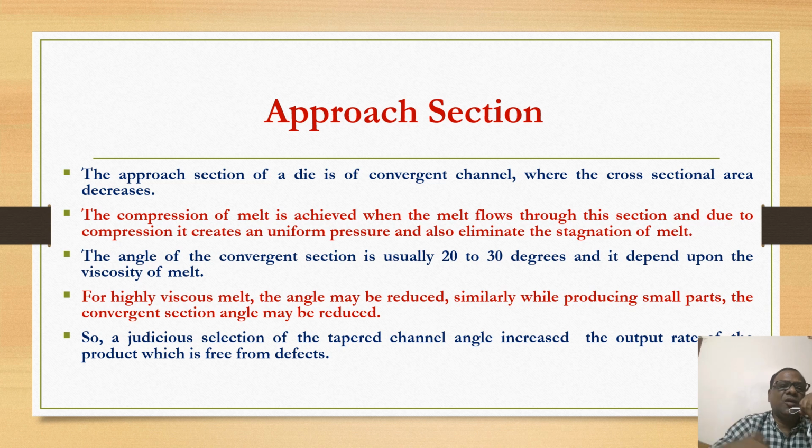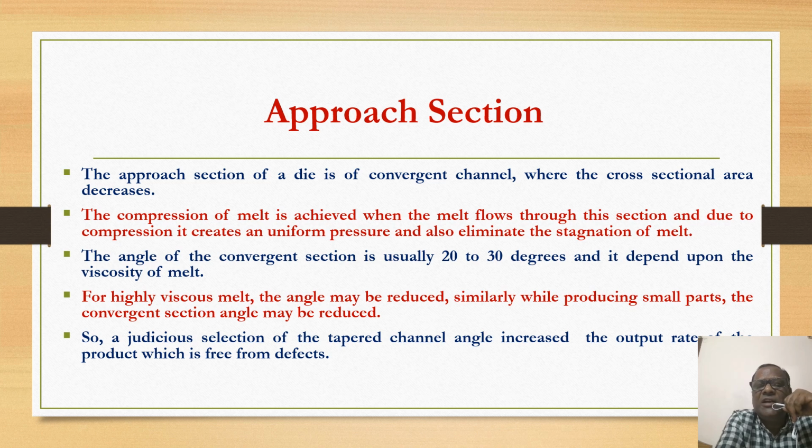Generally, as a thumb rule, the angle should lie between 20 degrees and 30 degrees. But this is a thumb rule. It is not always fixed, because it also depends upon the viscosity of the melt. The melt flowing inside your extruder will decide what the angle for the convergence should be for the approach section, which is usually a convergent channel.